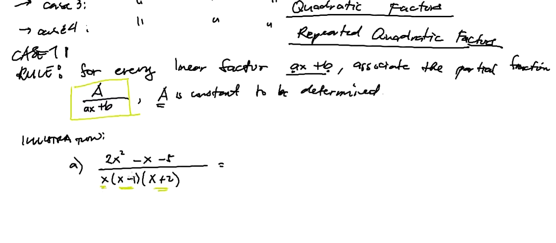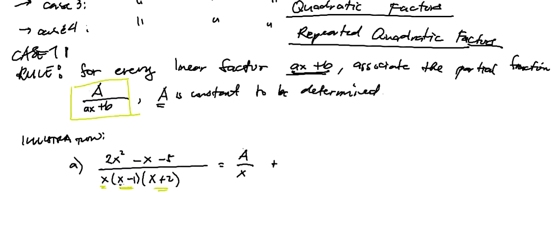For the first linear factor, our a here is 1, then x, and b is 0, so we only have x. We designate our unknown constant, so we have A over x. Then we add the next partial fraction of this form.